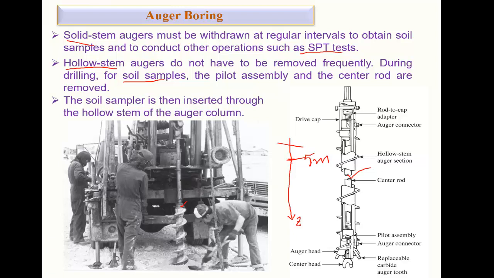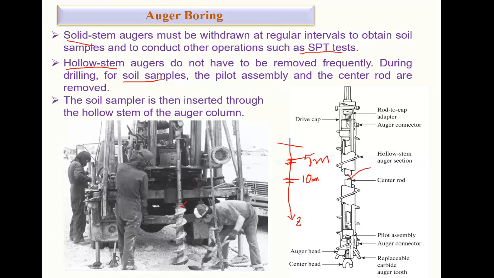So after going there, you get the sample. Similarly, suppose at 10 meters, again you want to take the sample. So again you take it up and remove the center rod, and from here you start boring again. Some soil will be inserted in the auger, right?